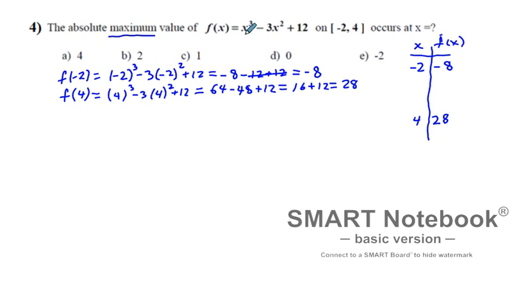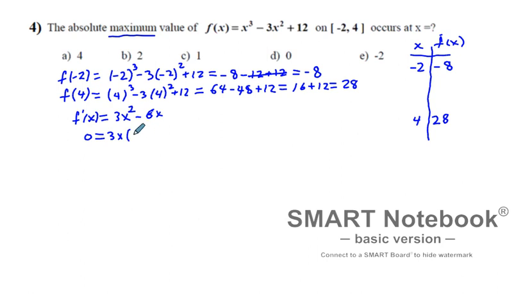Next, we're going to find a critical number here. So we'll take our first derivative, f prime of x is equal to 3x squared minus 3 times 2, which is 6x. And that's it. If we set this equal to 0, we can factor out a 3x in each of these terms.